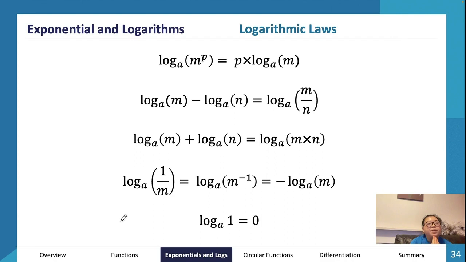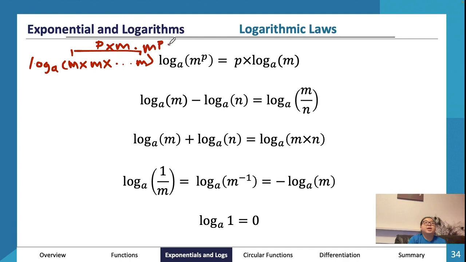So if we imagine log a of m times m times dot dot dot m, with p lots of m in there, i.e. m to the power of p, then if we separate that, it would be log a m plus log a m plus log a m, and onwards until we reach p of that, so we can just times it out, and that's how that law was derived in the first place.